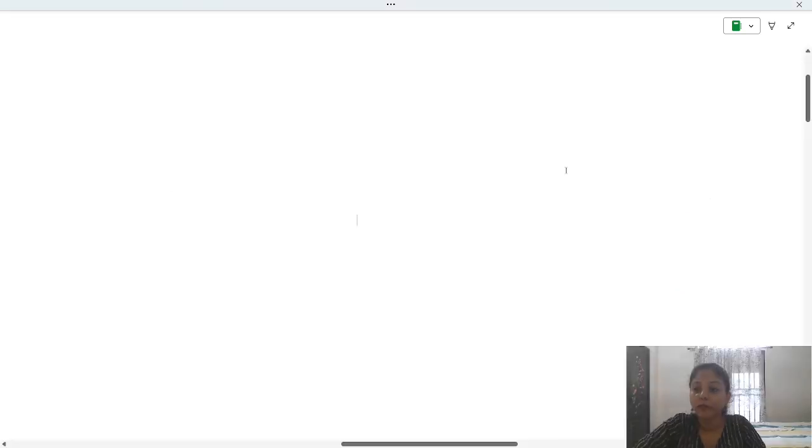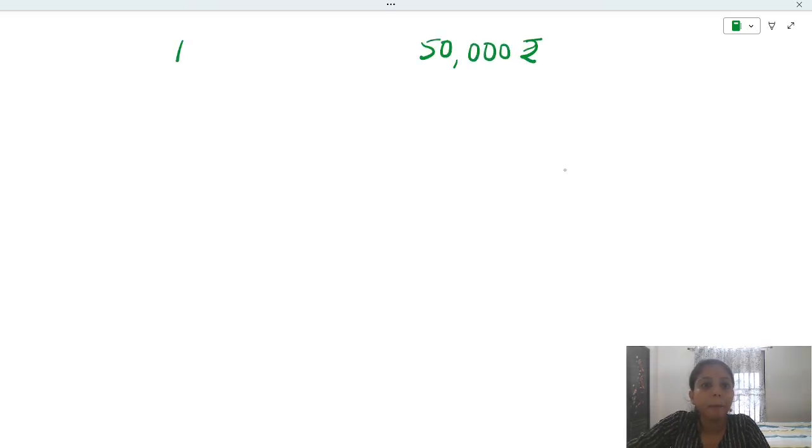Say, for example, for the company XYZ, the auditor has set a threshold limit of 50,000 rupees. This is the materiality level, or materiality limit, or materiality threshold. Anything that crosses this amount requires the auditor's attention.